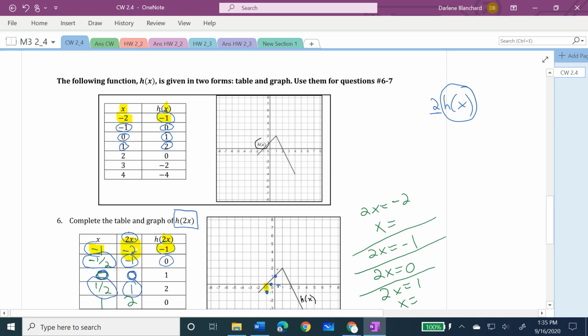So when x is 1/2, I'm getting 2. Now I was getting that number when x was 1 with h. What I'm trying to get you to see is that if, instead of multiplying outside the function by 2, I multiply inside the function by 2, what that does is it takes a graph and horizontally squishes it in. It divides the x coordinates that you have by 2.